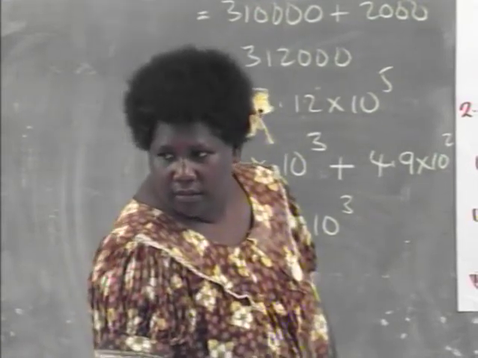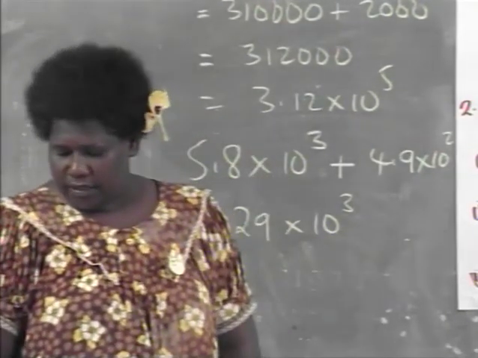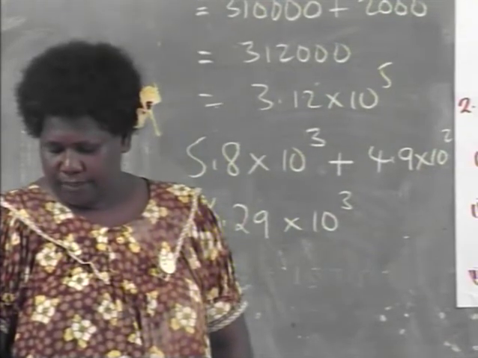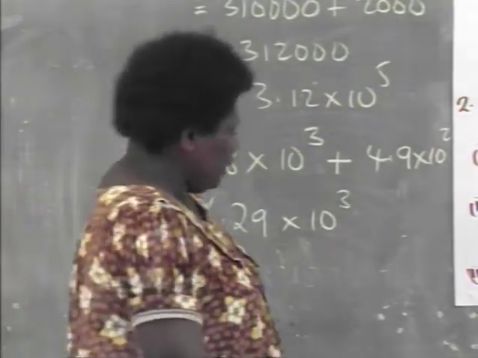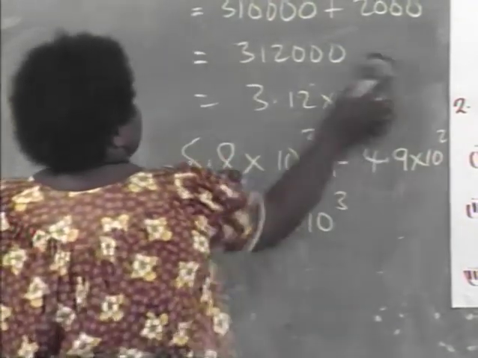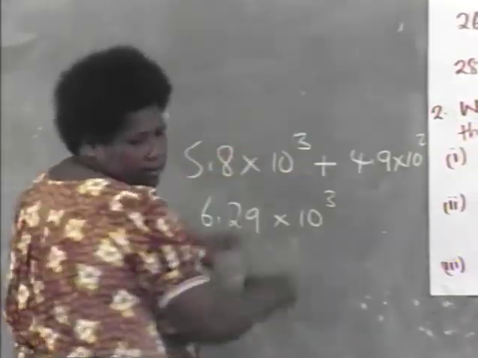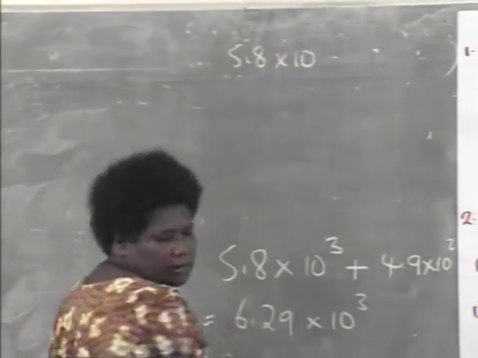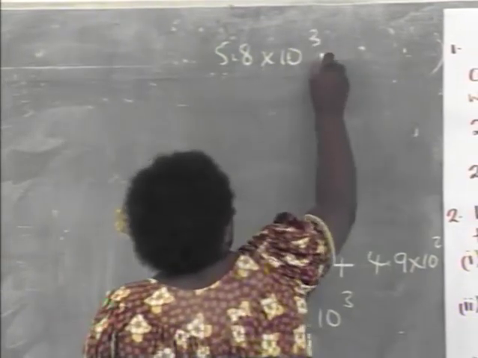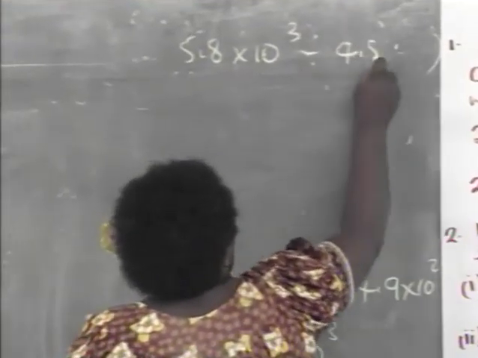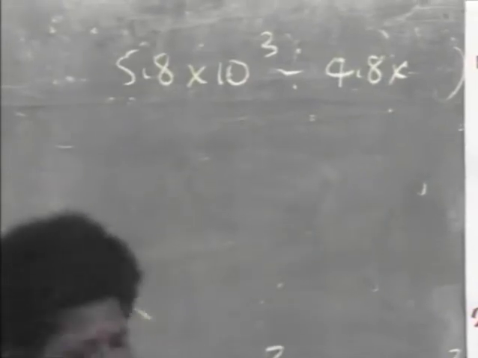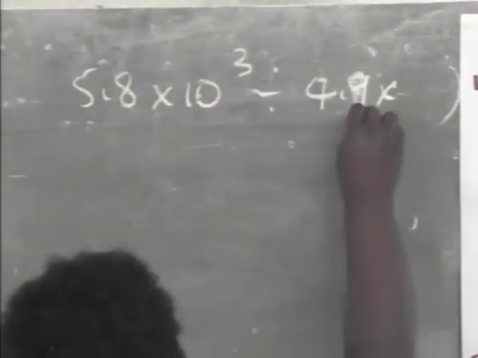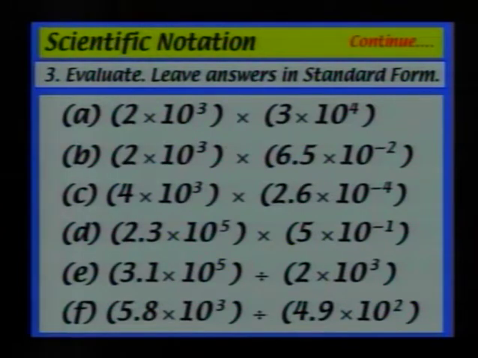Since you couldn't get an answer for division, in case there are some people who divided, let's see if I can do that on the board. 5.8 times 10 to the power of 3 divided by 4.9 times 10 to the power of 2.